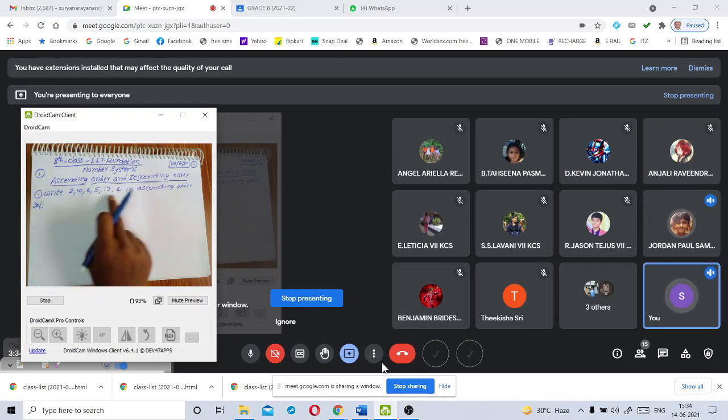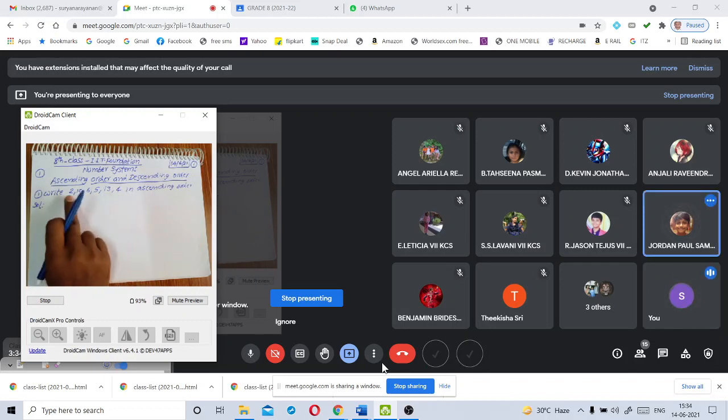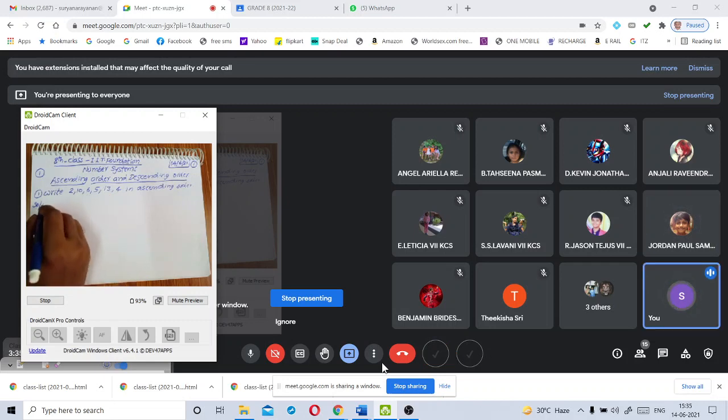What should be done here? We have to write these numbers in the ascending order. Now can you tell me the ascending order of these numbers?